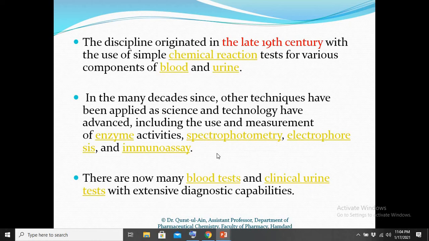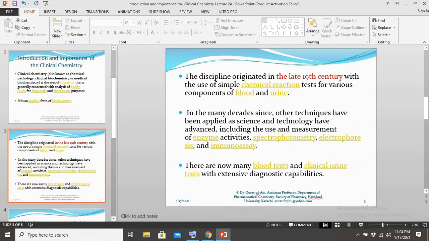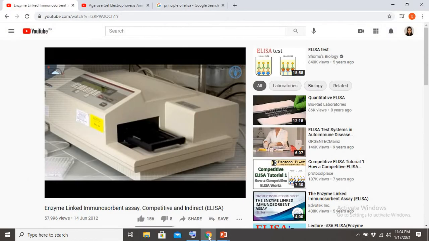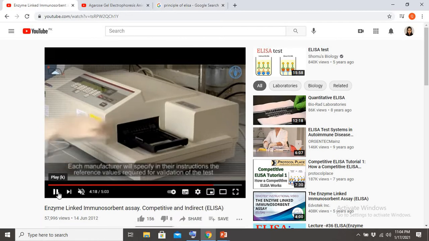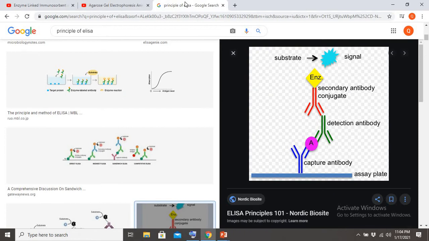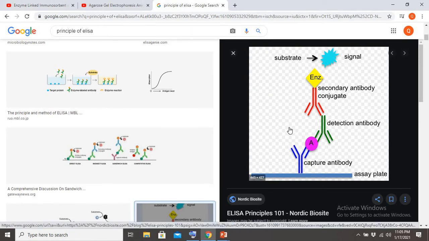So first of all, what is this spectrophotometer, and how do we use it? We have to understand how we can find out the concentration of, for example, any protein in a blood sample by using this spectrophotometer.